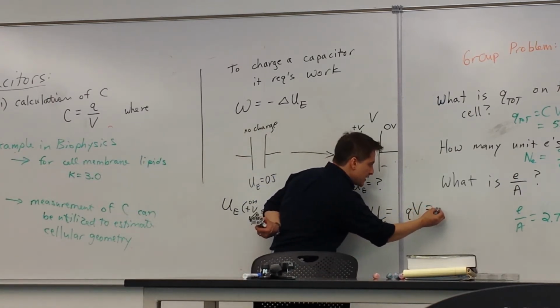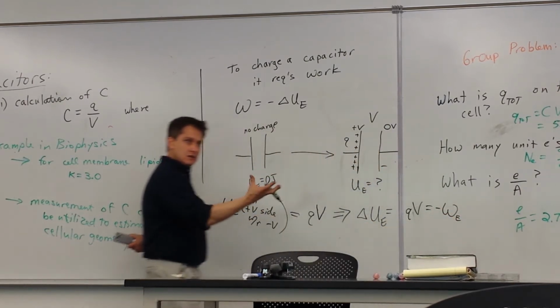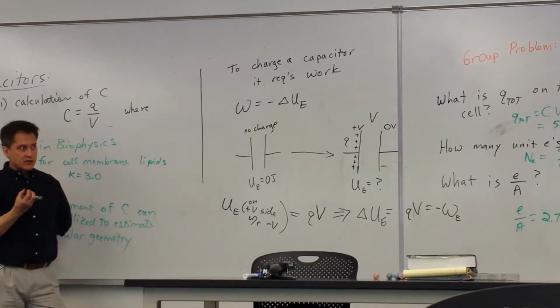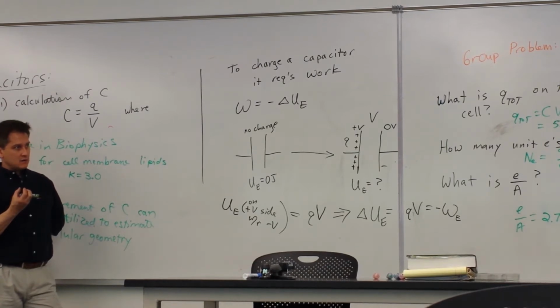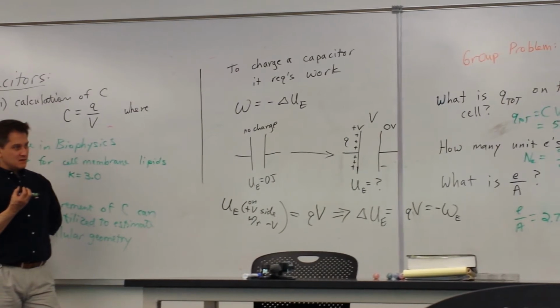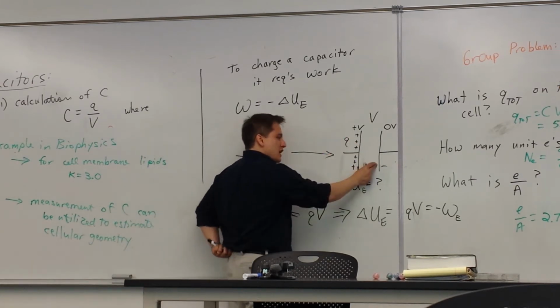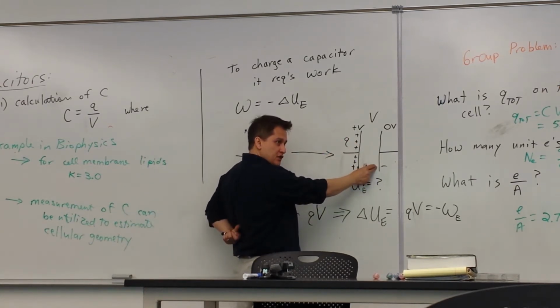This quantity would be equal to minus the work associated with the electric field during this process. Why would this be a negative? But the electric field is not what's storing the charge, is not what's putting the charge on there.